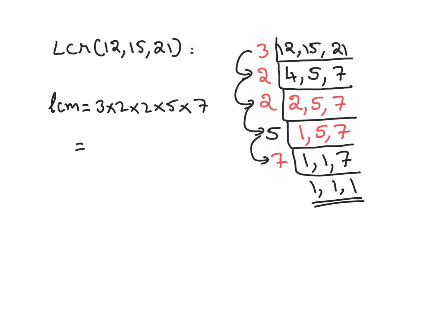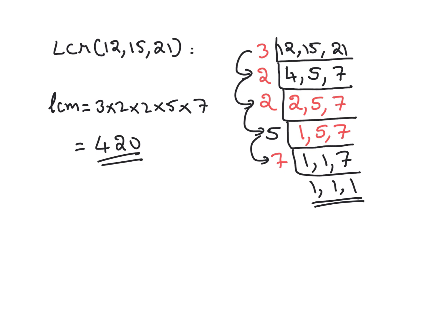So LCM of 12, 15 and 21 is, if you multiply them, it will be 420. Do you now understand how you find the LCM of 2 numbers or 3 numbers or even 4 numbers or 5 numbers by this method?